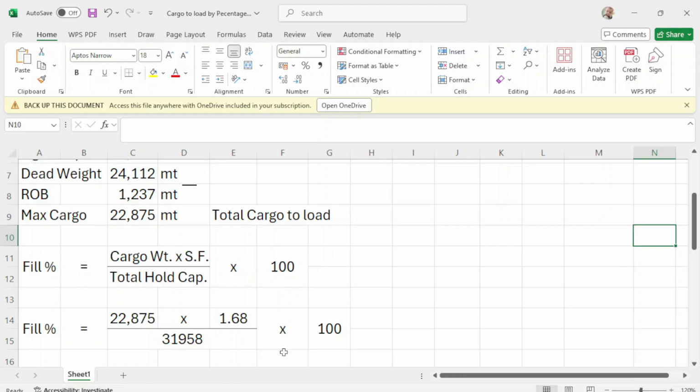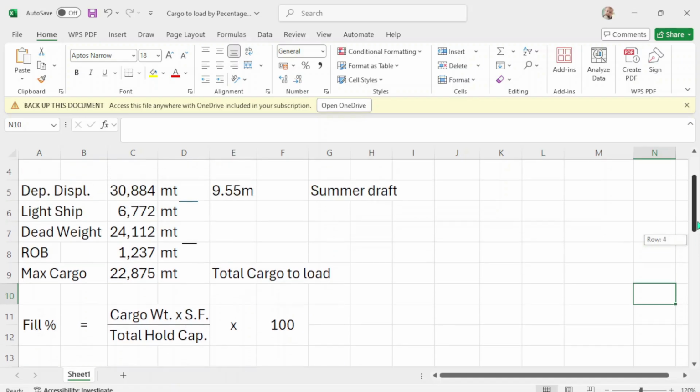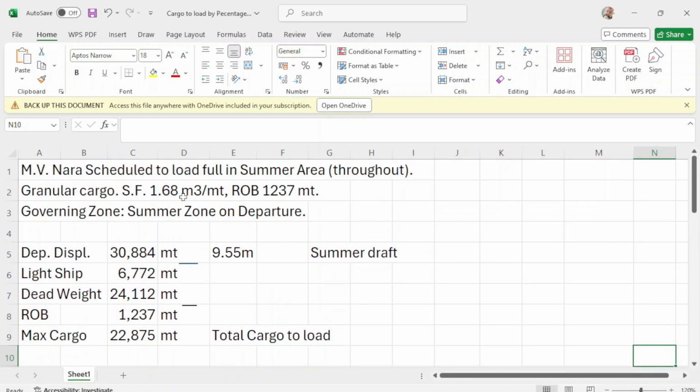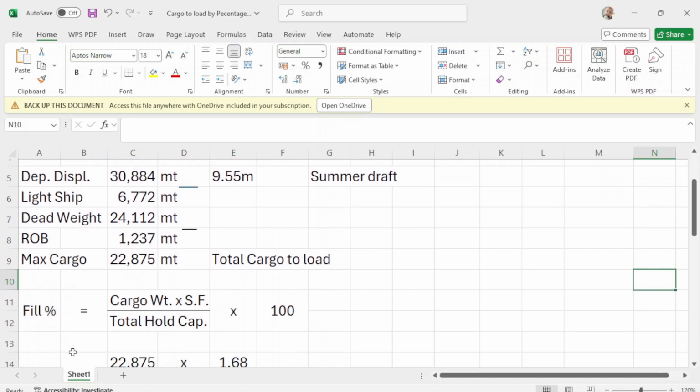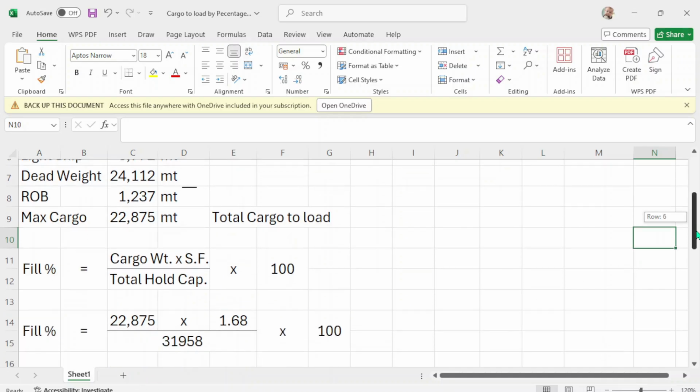Your cargo weight is your total cargo to load, which is 22,875, times your stowage factor of 1.68, over your total hold capacity of 31,958. So where do I get this total hold capacity?